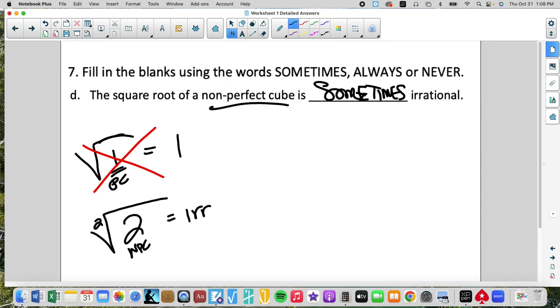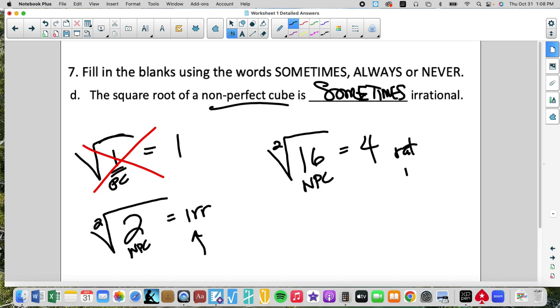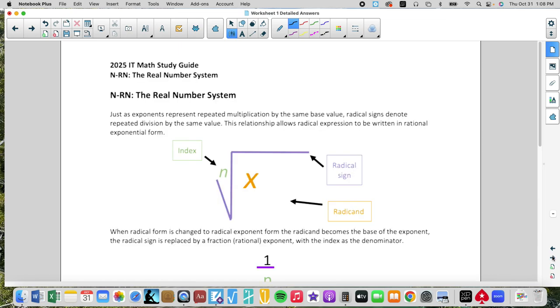But we can give an example like 16, which is a non-perfect cube, but the square root of 16 gives us 4, which is rational. So sometimes irrational. It's irrational here, but not there, hence why it's sometimes. I'm sorry, I'll get better.